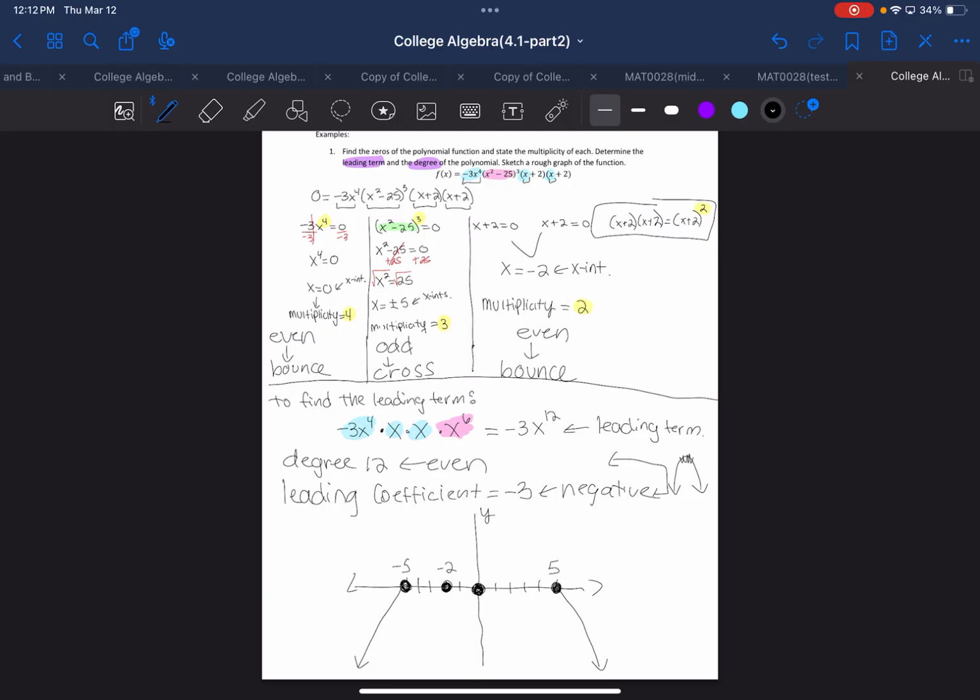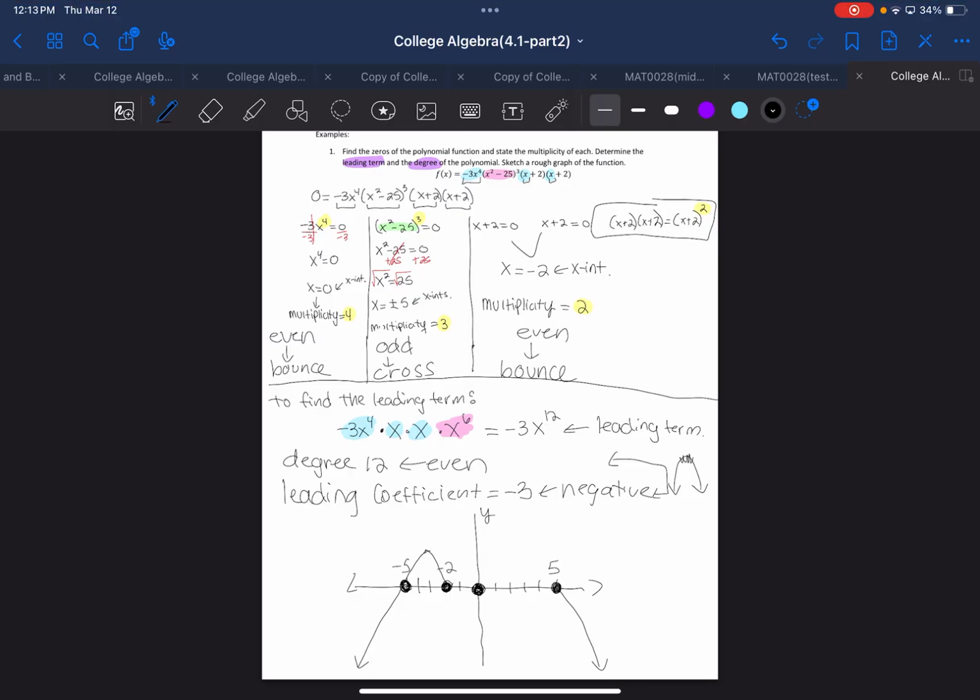Okay? So again, this is going to be a very rough sketch. It's not perfect, it's just a rough sketch given the information we got. So because at negative 5 it crosses, this will go through and it'll go up some amount and then it'll come back down to negative 2 and it'll bounce off because we just said at negative 2 it bounces.